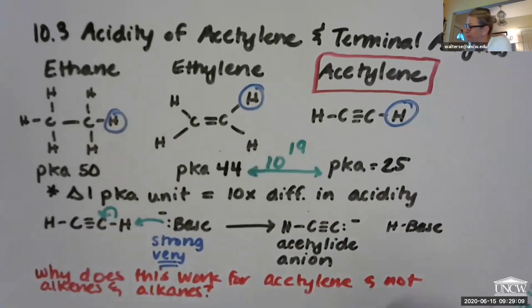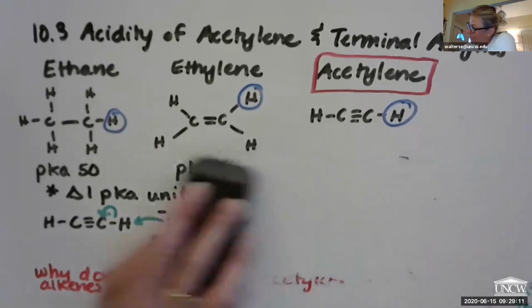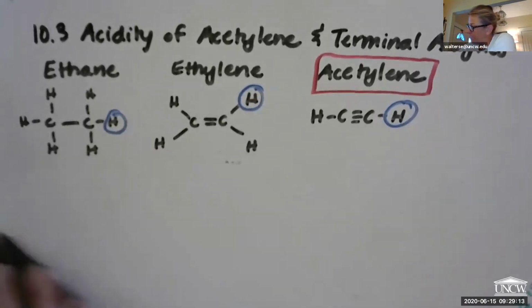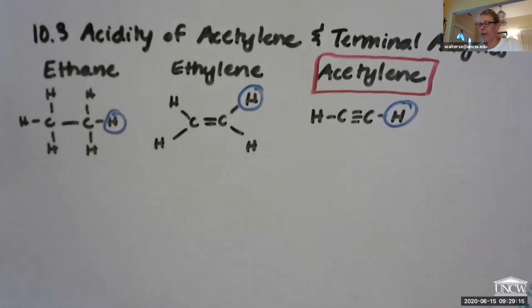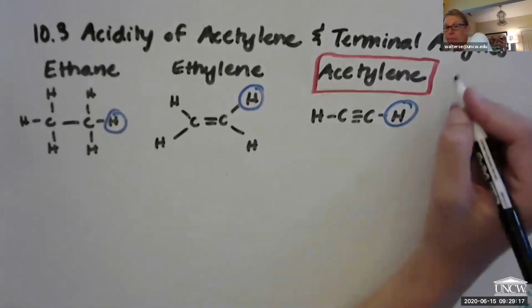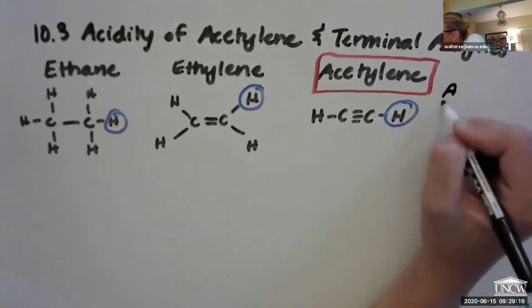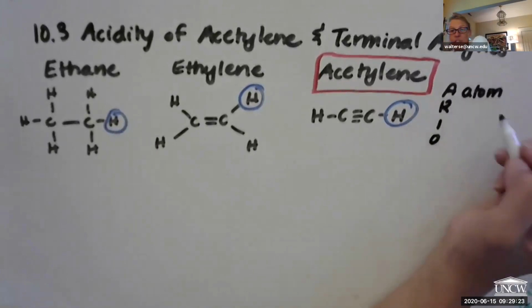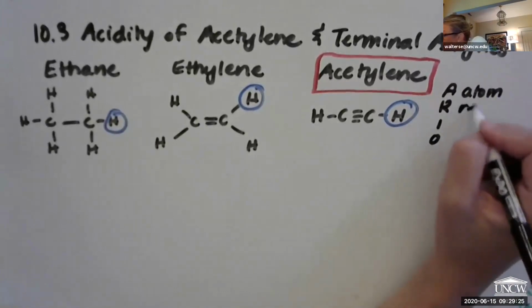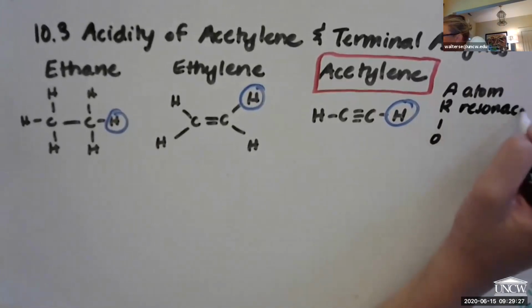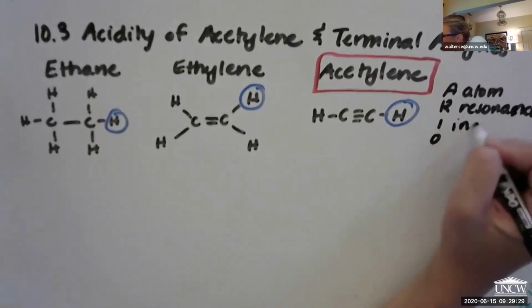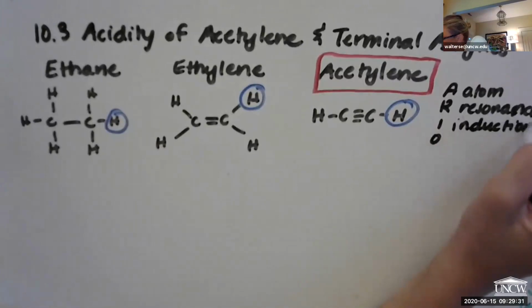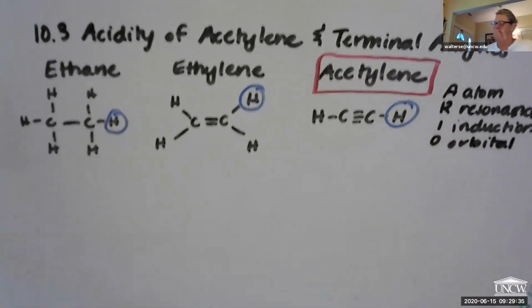So the reason why this happens goes back to area. Remember, when you're talking about area, you can use atom identity to stabilize the charge, resonance, induction, and then the orbital.